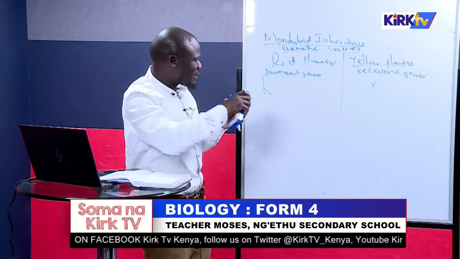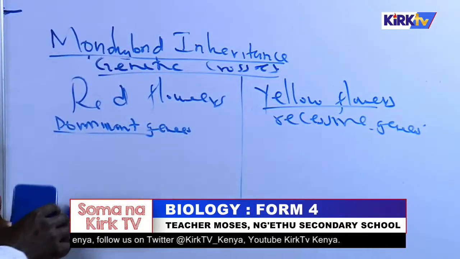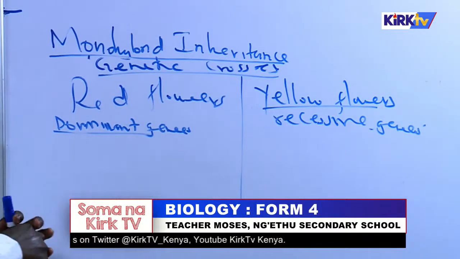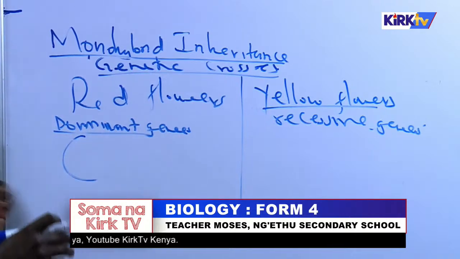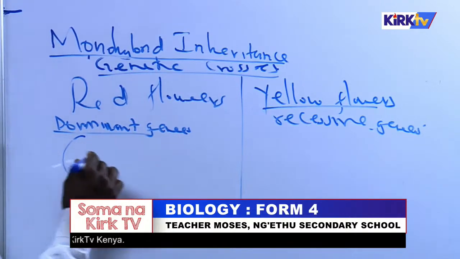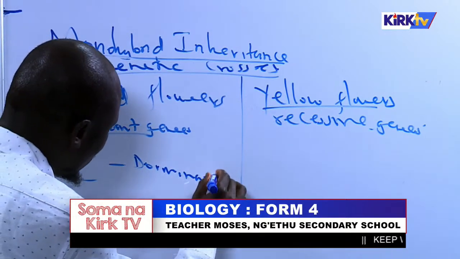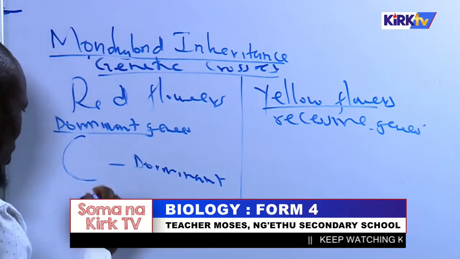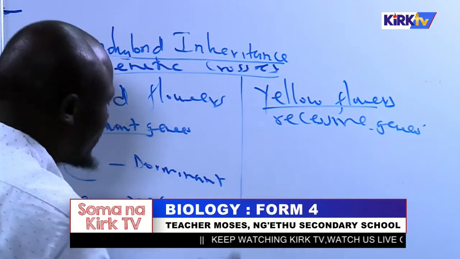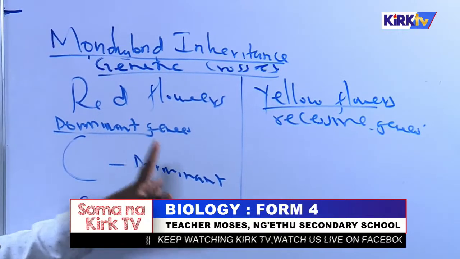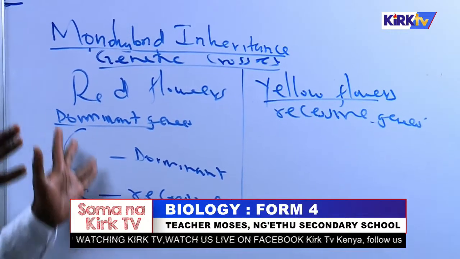Let me come up with a different letter. Let me say the letter can be C. So capital C to represent the dominant gene, while small c represents the recessive. Remember, the two genes are controlling the same character, which is the flower color. Only that one is dominant over the other.